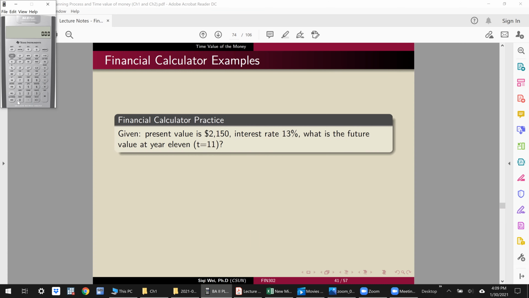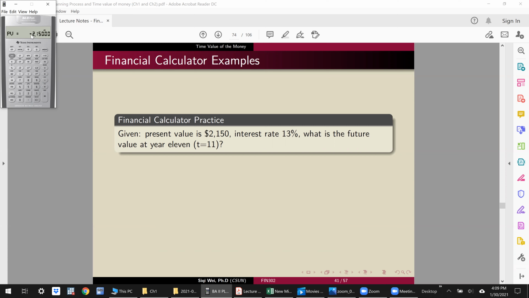In this case, the present value is 2150. Let me clear, erase the memory of my calculator first. Okay, so 2150 negative is the present value.